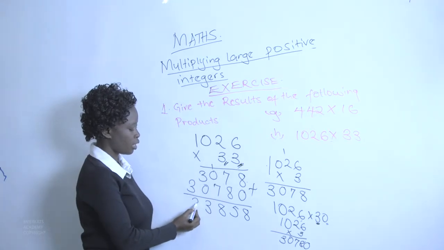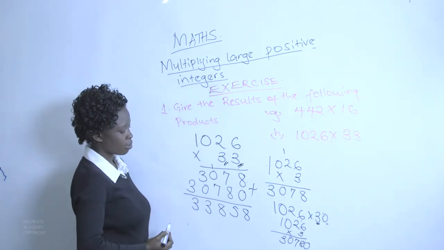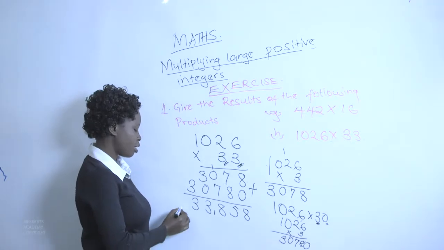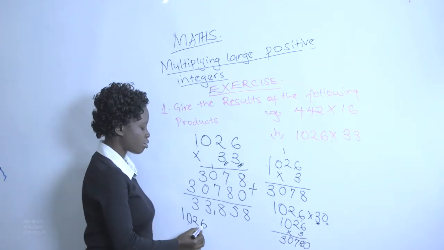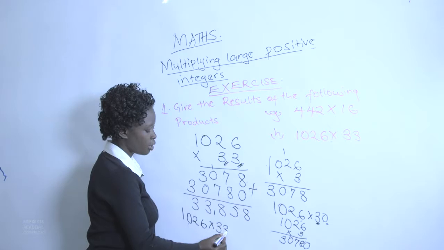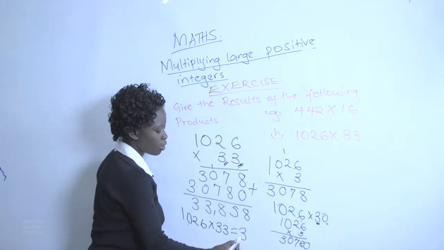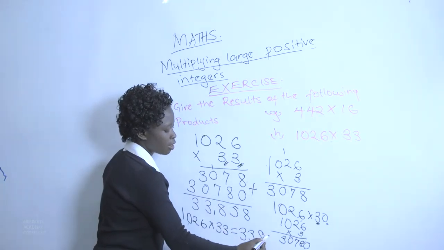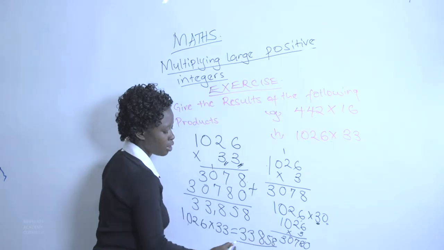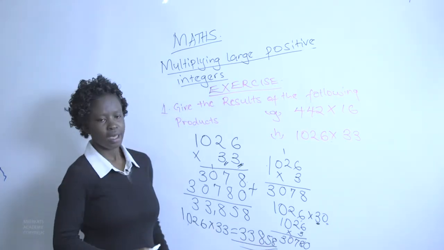Then we finally wind up with the last 3. So it means 1026 multiplied by 33 simply gives us 33,858 as the required answer.